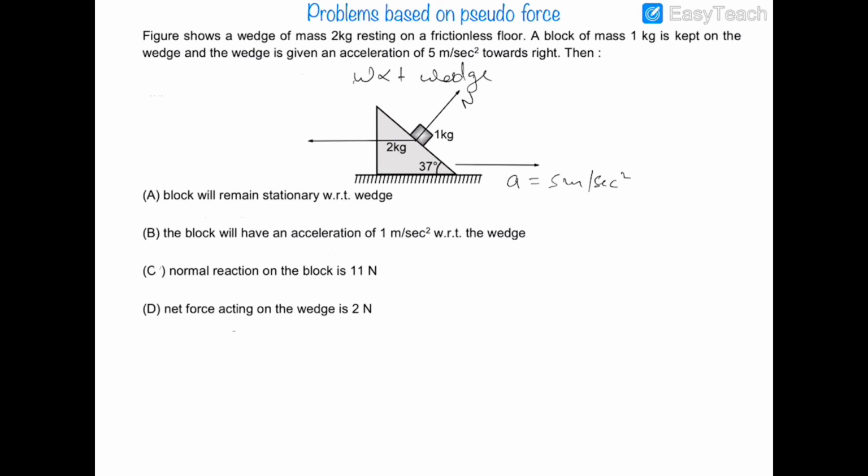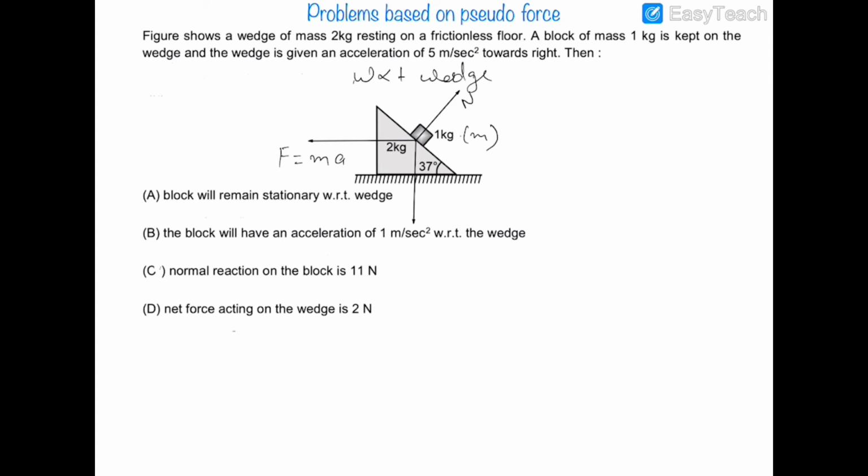So pseudo force will have a value of F equal to Ma, where M is the mass of this block, and a is the acceleration of the wedge. Let me erase this because I am writing with respect to the wedge. And mg will be acting in the downward direction.